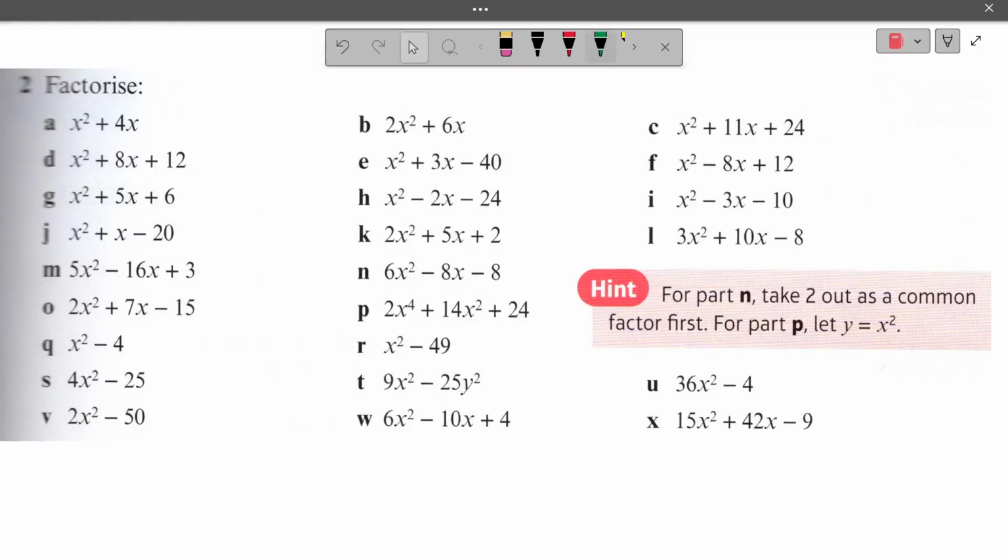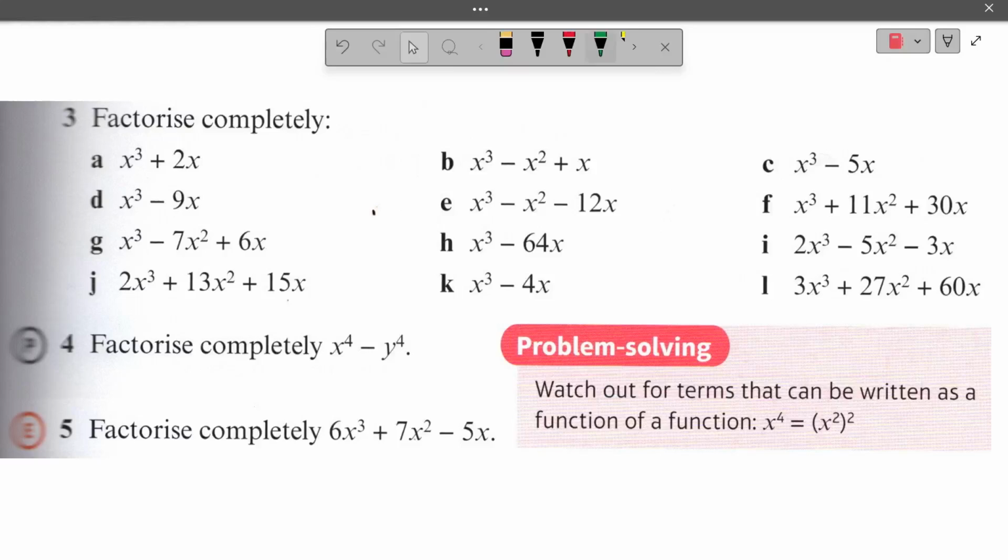So have a little go. And they don't have that extra x or extra bracket. And the third question is quite interesting, where you've got the extra x and then the mixture of everything. And then you've got questions 4 and 5 as well.